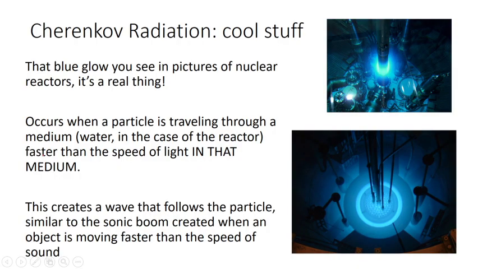And just a cool thing about these reactors is this thing called Cherenkov radiation. That crazy blue glow you see in pictures of nuclear reactors, it's a real thing. How it occurs is those neutrons are traveling really fast when they're released.